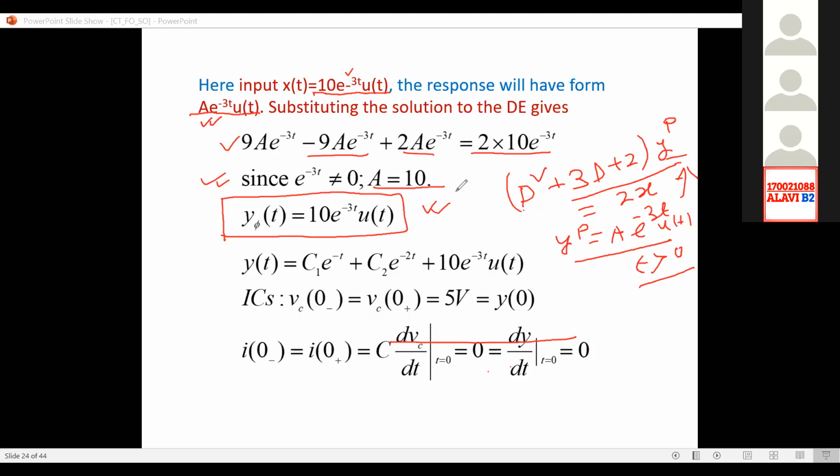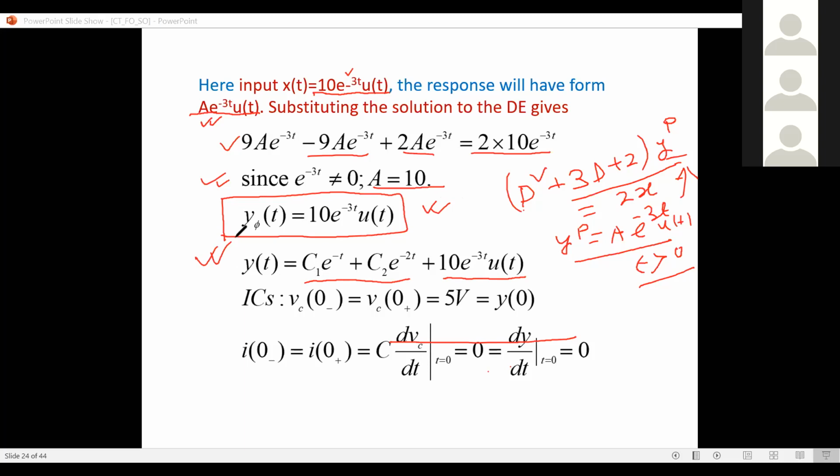So what will happen in this case? After having obtained the particular solution for the particular input, and having obtained the natural or homogeneous part earlier, your total output Y_T would be equal to this.